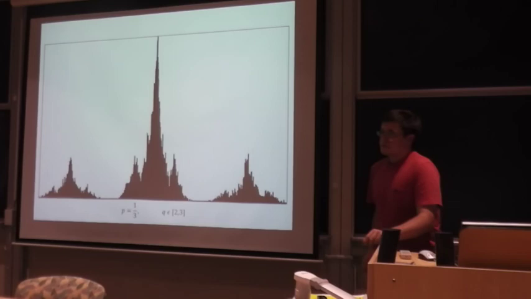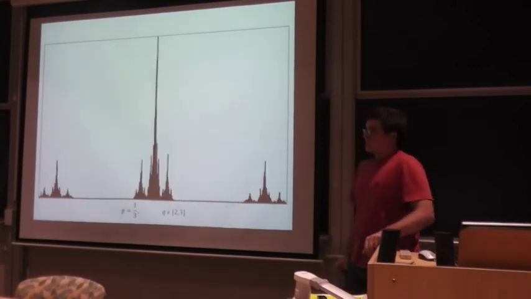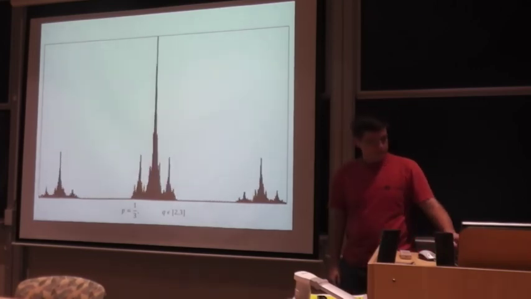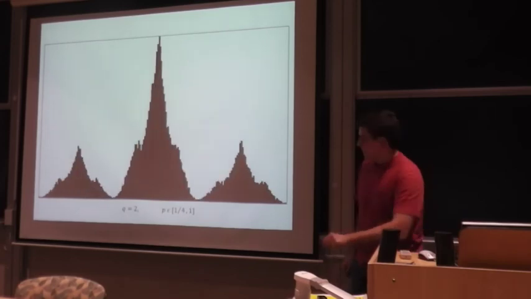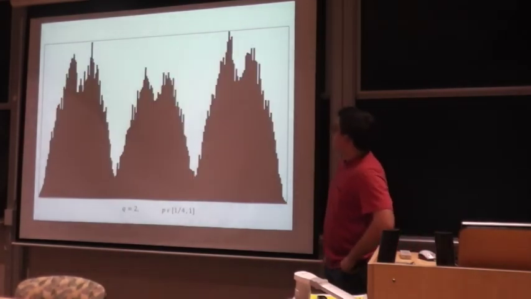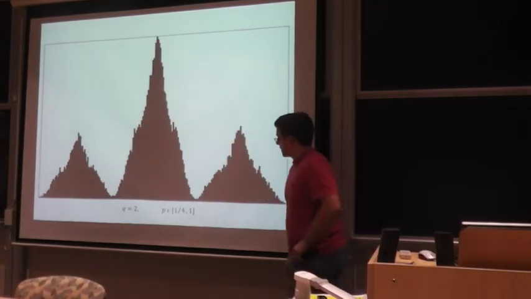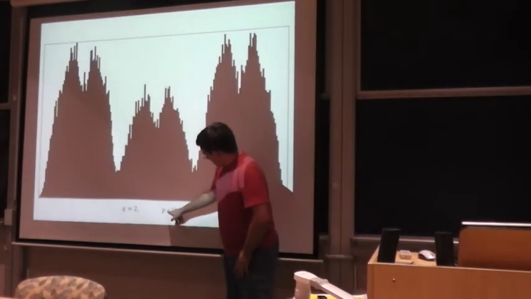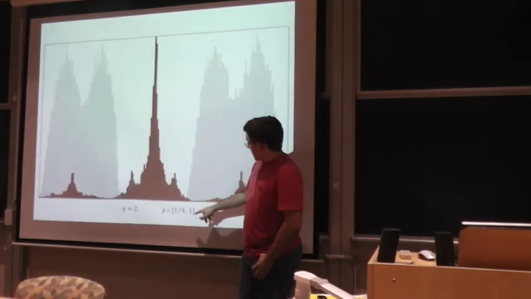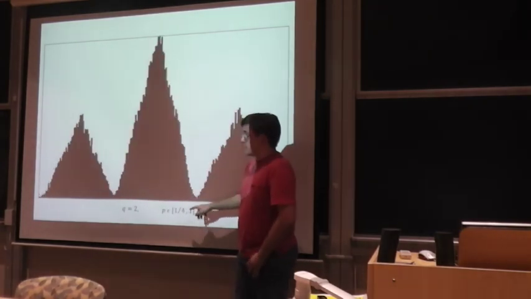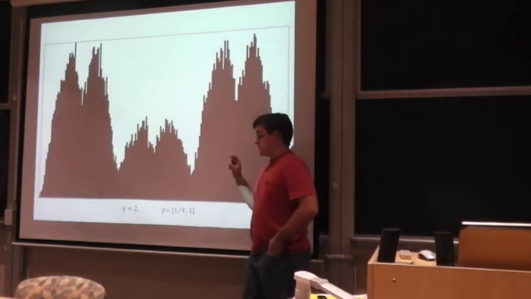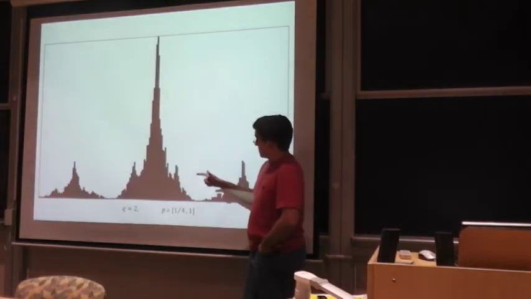Now, what is much more interesting is what happens if we fix q and change p. And this is what we get instead. So you can see that as we grow p between 1/4 and 1, if p is 1, then it's impossible for a particle to stay in the same position, and so it must increase or decrease.